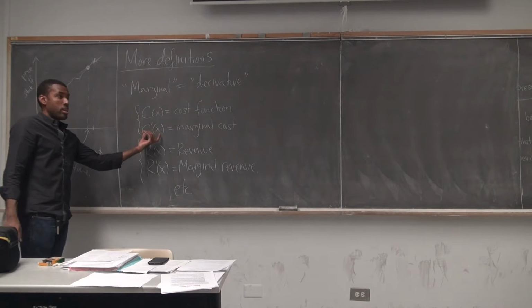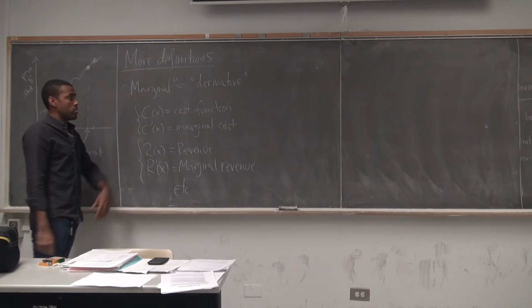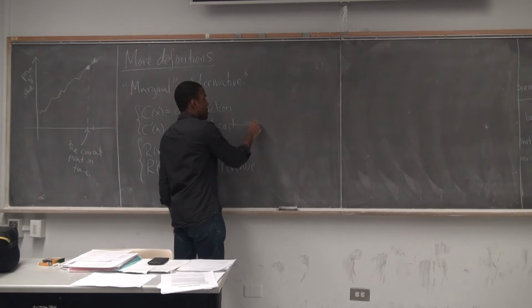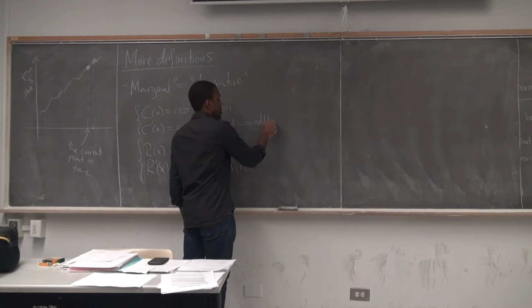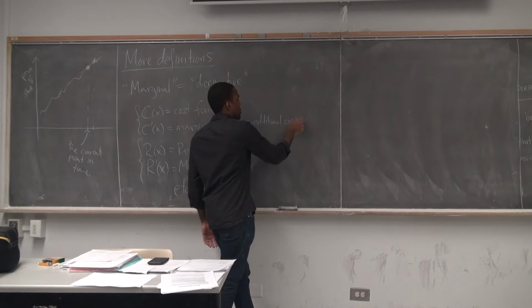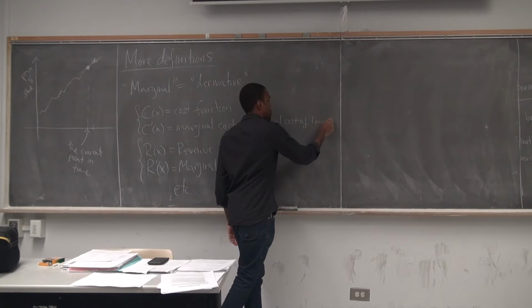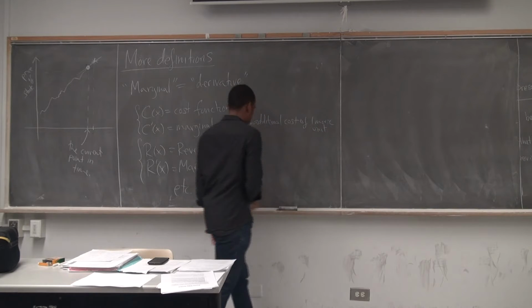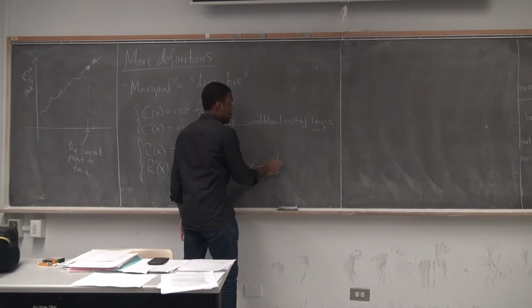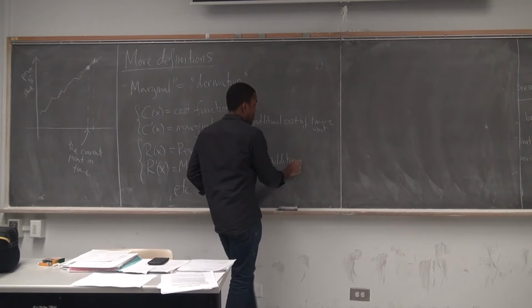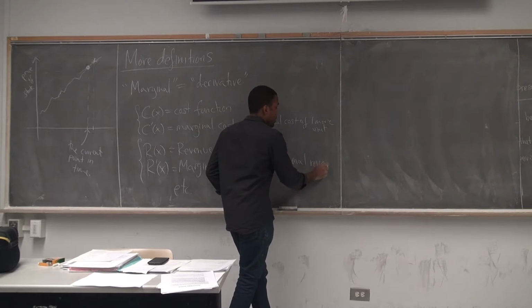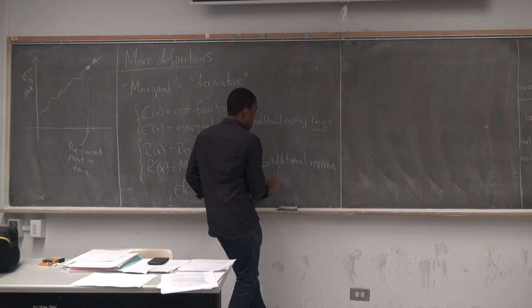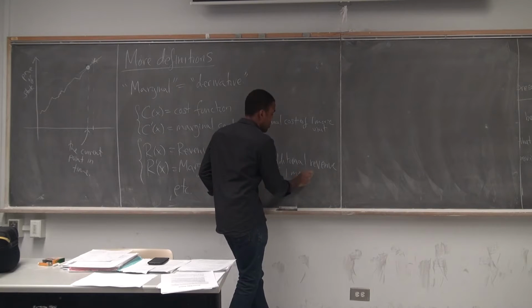And the interpretation of that derivative is the additional cost of one more unit. Or this would be the additional revenue if one more unit is produced.